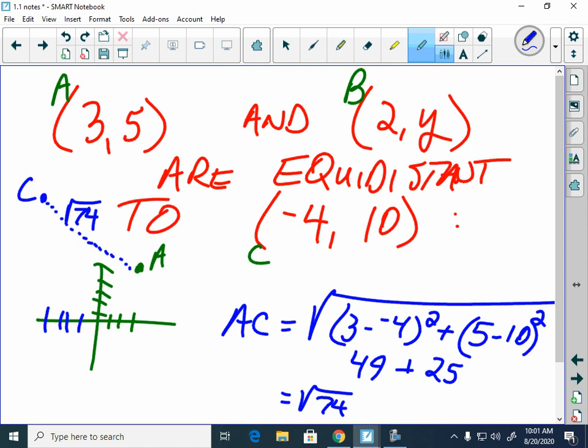So you're going to have to connect a couple things in your brain, and then you're going to say, hey, I don't know where point B is, but I know what the distance is from C to B, because it's got to be the same. It's got to be the square root of 74.